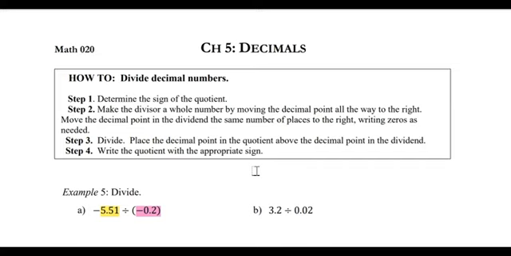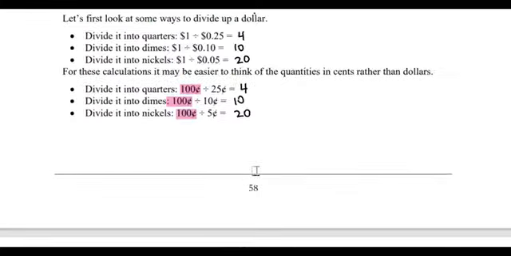Once you convert your second decimal into a whole number and adjust the first decimal or whole number, once you get rid of the decimals in the second number, you can divide as if you were dividing just regular numbers, just like we did the first.